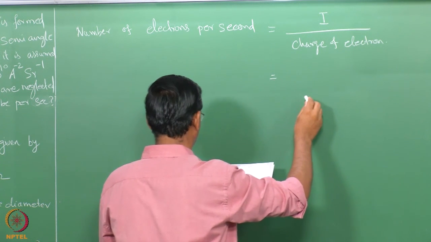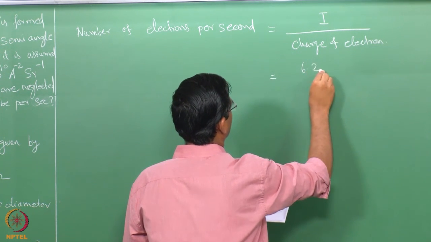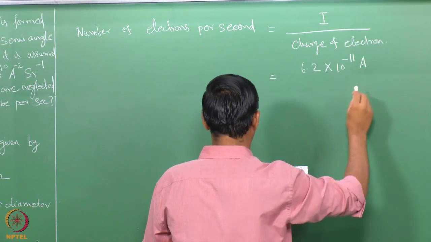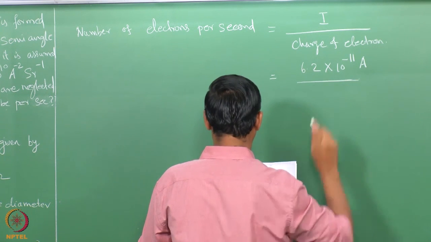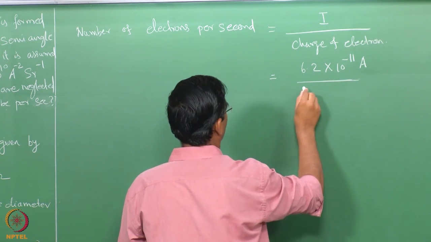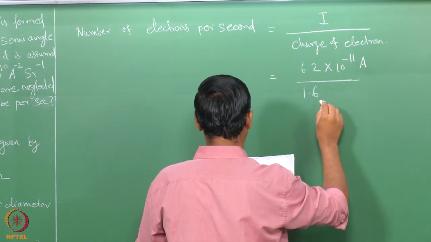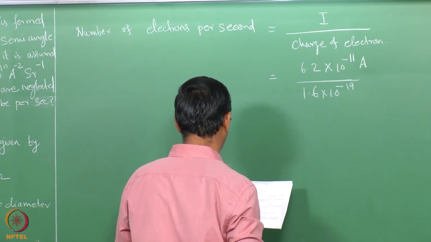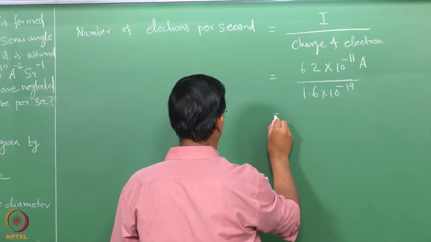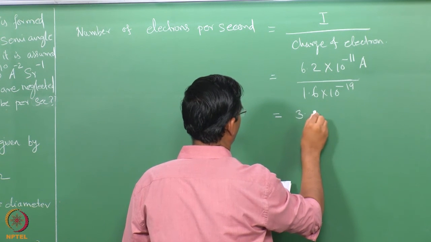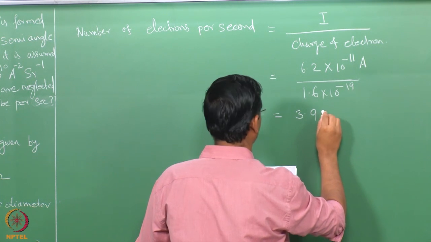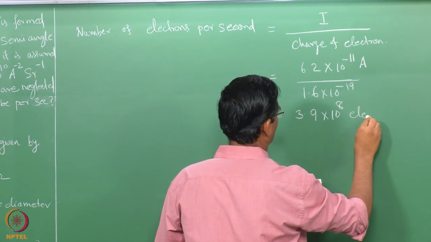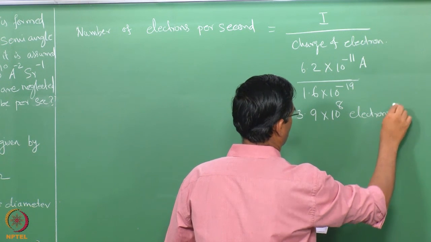We have the I value, that is 6.2 into 10 to the power minus 11 ampere, divided by the charge of the electron, which is 1.6 into 10 to the power minus 19, which gives roughly 3.9 into 10 to the power 8 electrons per second.